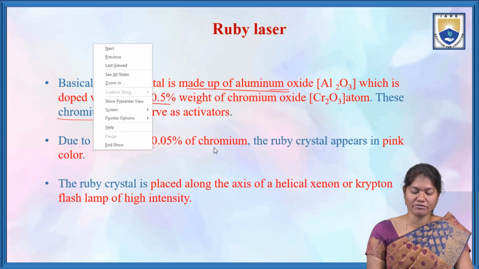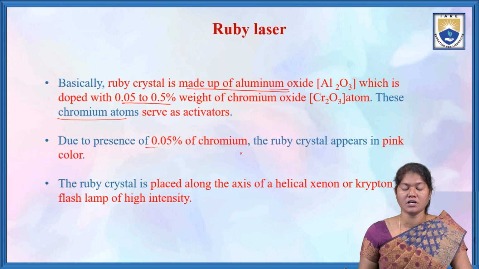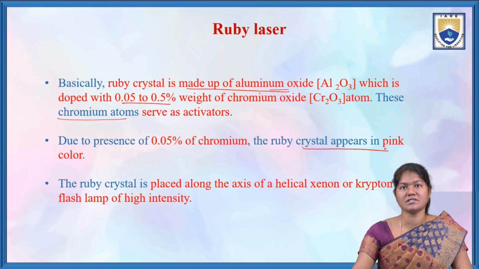Due to the presence of this 0.05% of chromium, the Ruby crystal appears pink in color.